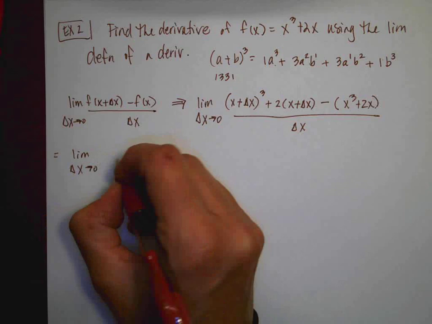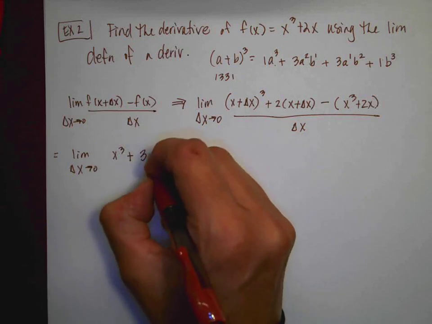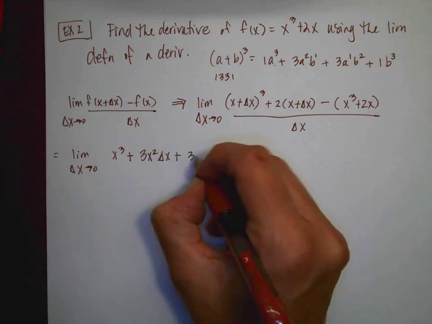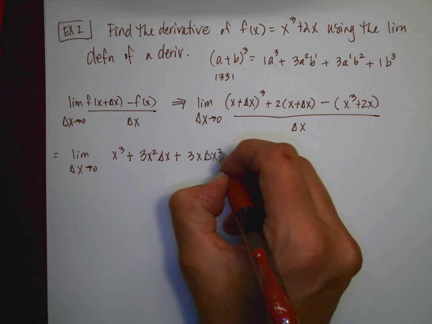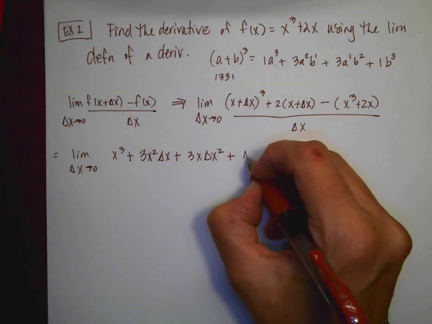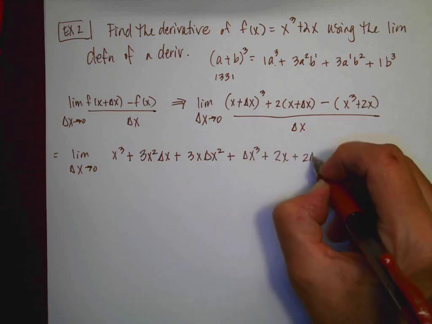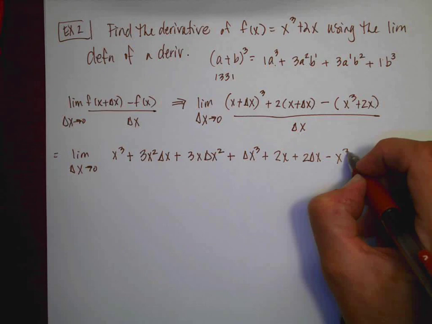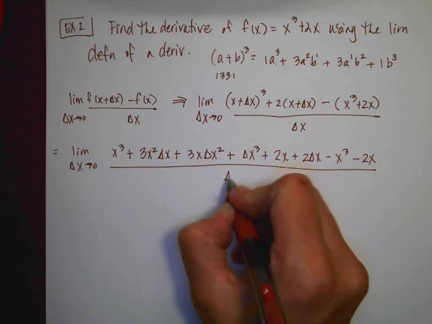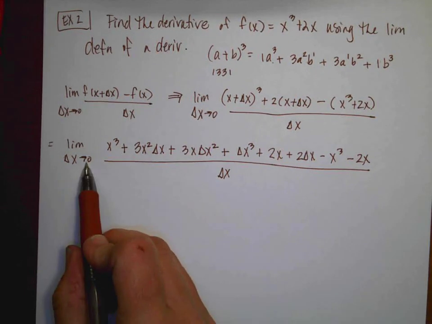So now this is the limit as delta x goes to 0 of x cubed plus 3x squared delta x plus 3x delta x squared plus delta x cubed plus 2x plus 2 delta x minus x cubed minus 2x all over delta x.